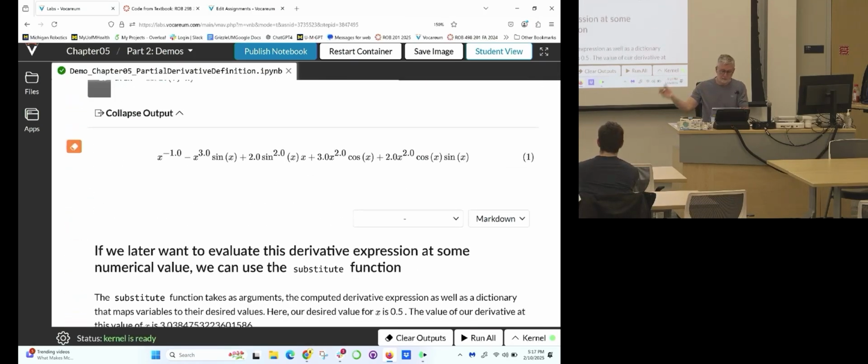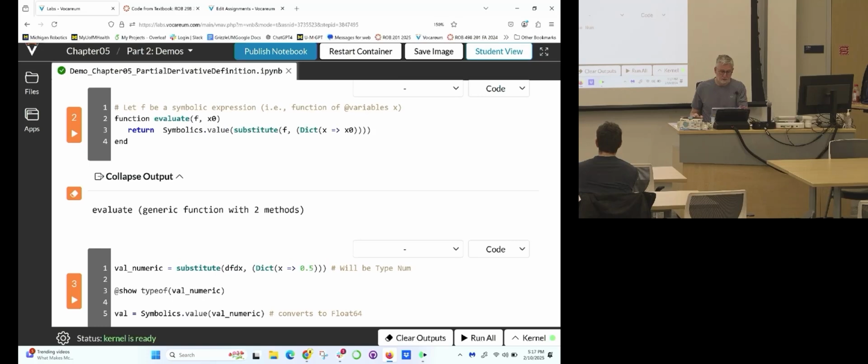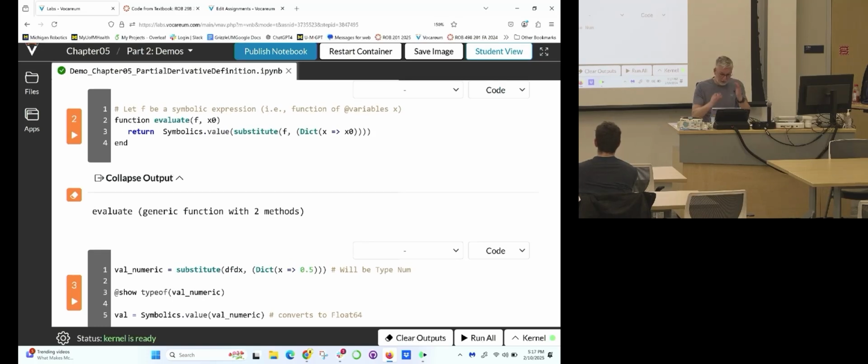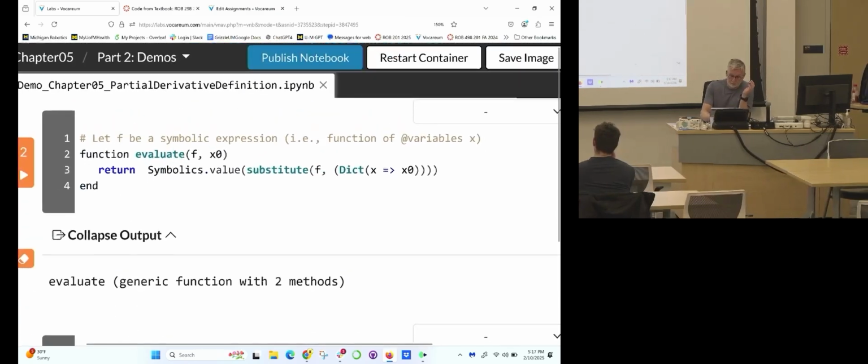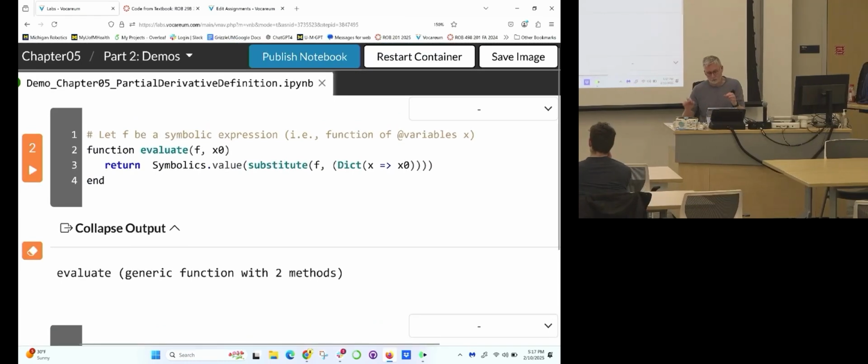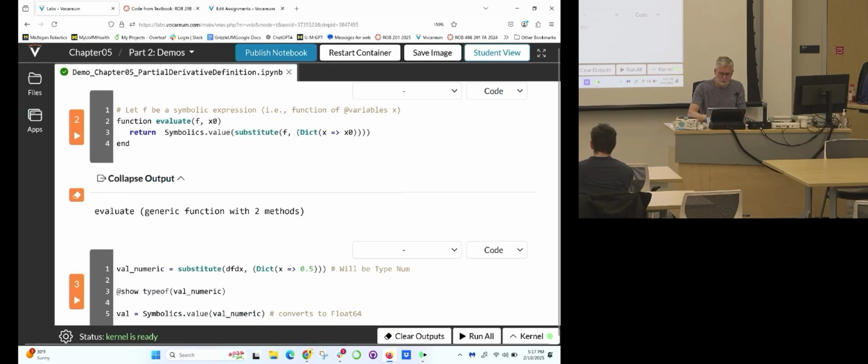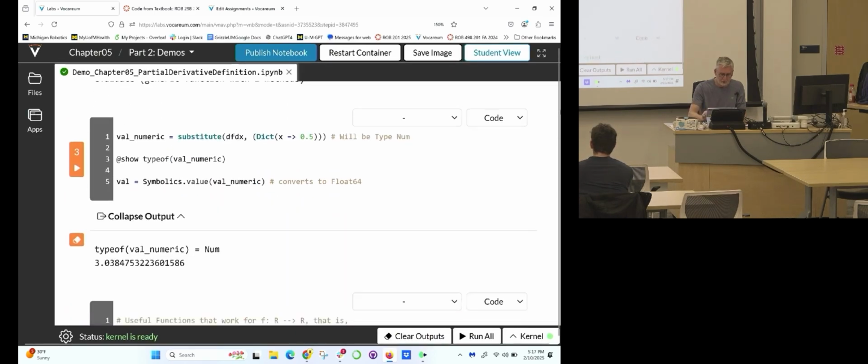If you want to take that function and evaluate it at a point, I think this evaluate function I've written here on lines 2 through 4 is quite convenient. Using dictionaries and replacing the variable x with another variable x0, which is typically a number, and getting the number out is a little bit awkward notation to keep typing.